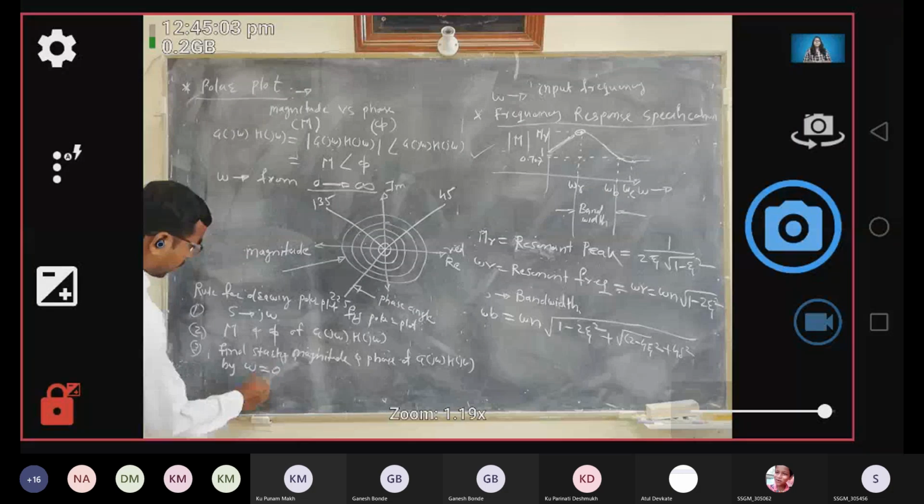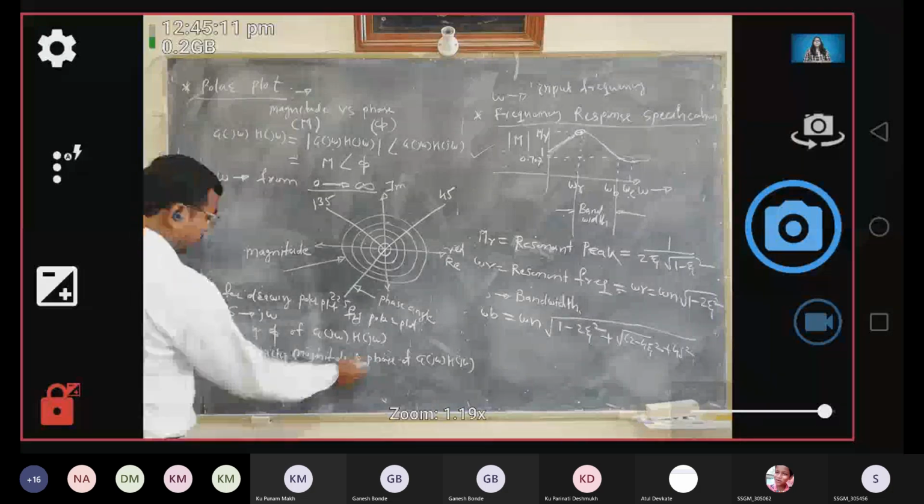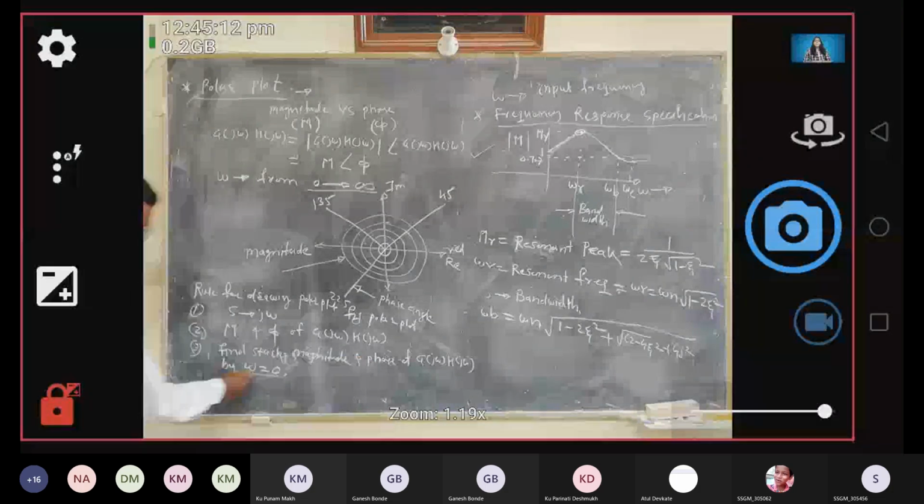Your polar plot always starts at omega is equal to 0. So polar plot starts with this magnitude and phase. So simply substitute omega is equal to 0, that will give you the starting point.